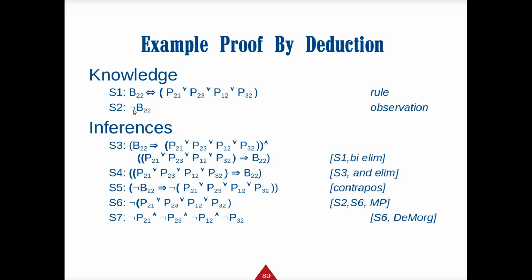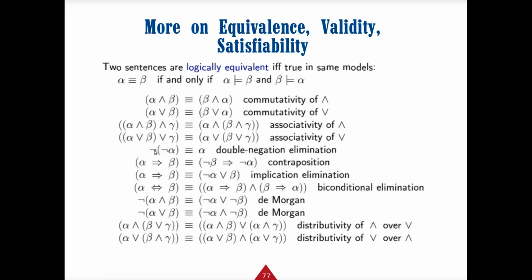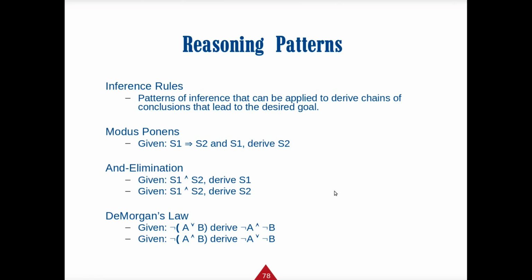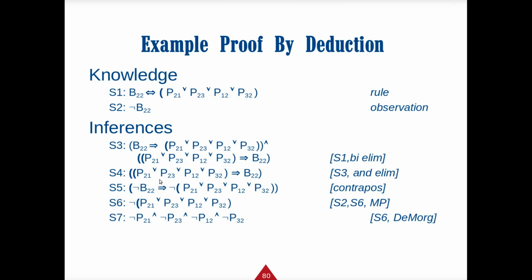Observation: not B22. So for the inference of sentences, the entailing sentences, we'll use the biconditional elimination to get this derived statement, and then we know that we have P23, and we can eliminate some things because we know that this is false, so this whole statement must be false, and since it's an and, we want this statement to be true, so we can eliminate this portion, and then we can plug in.